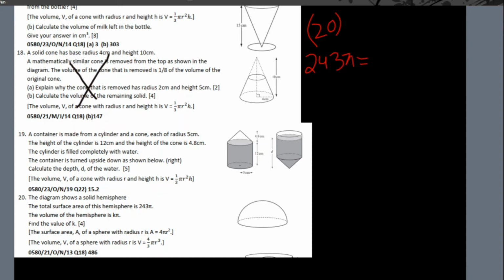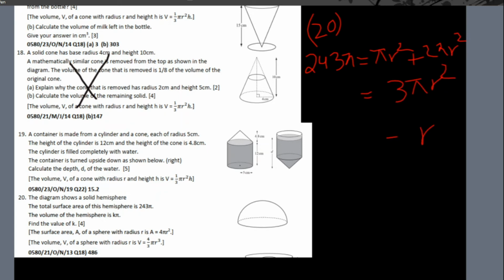Do we have any expression for the radius? No, we don't. So I'll just use pi r square, which is the area of this circle, plus the surface area of a whole sphere, which is 4 pi r square. So half of it will be 2 pi r square, which combined makes 3 pi r square.